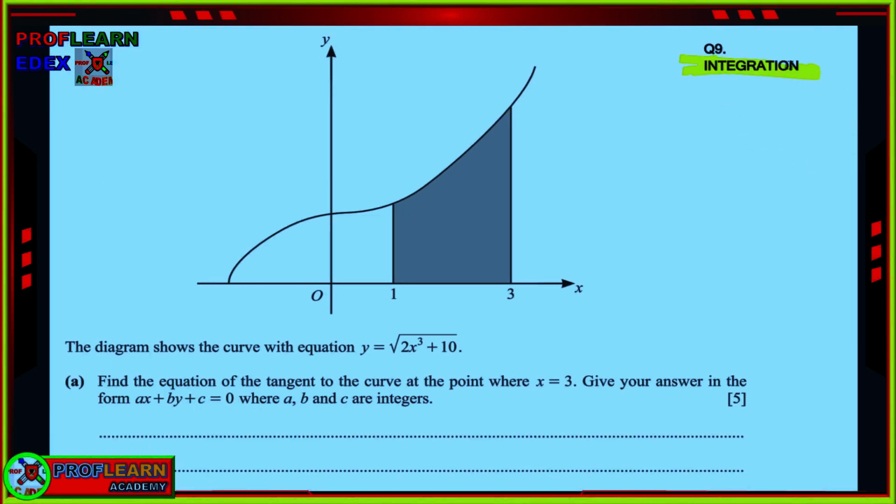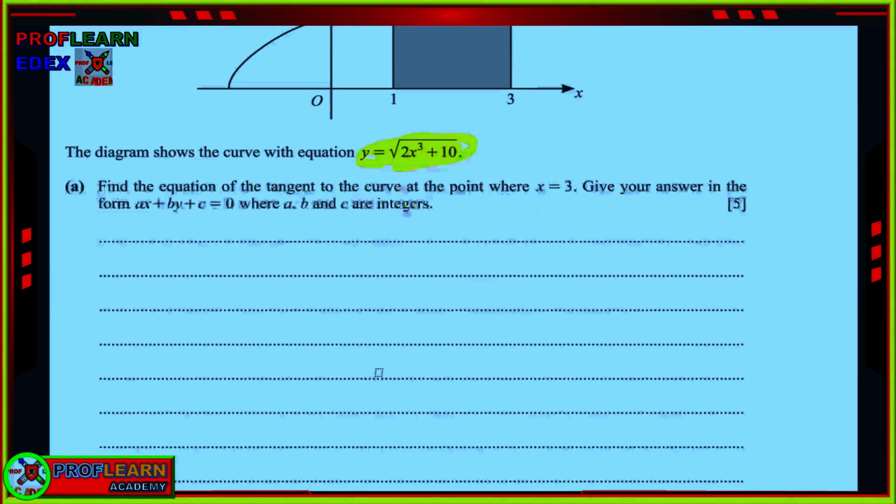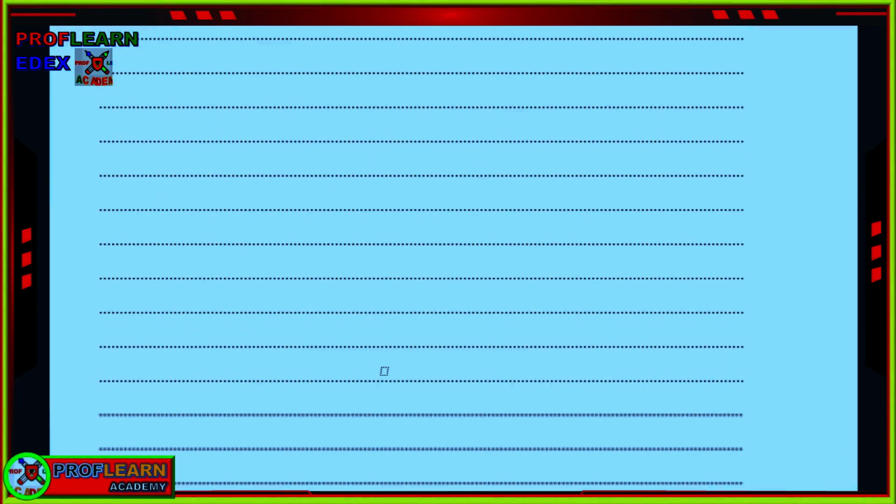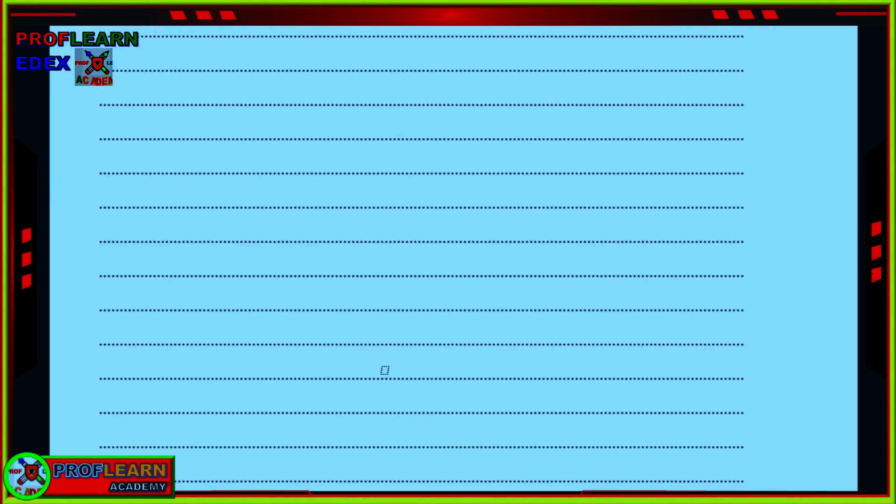You can talk of area under curves for graphs, and you need to know how to differentiate and integrate this kind of functions that look like this. And that marks the end of these predicted concepts that I really feel that you will be tested.